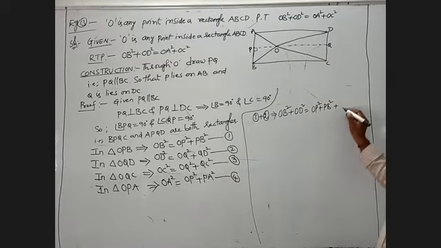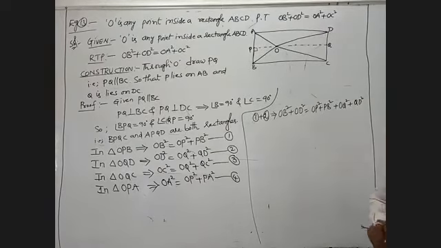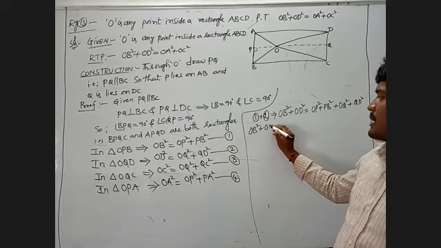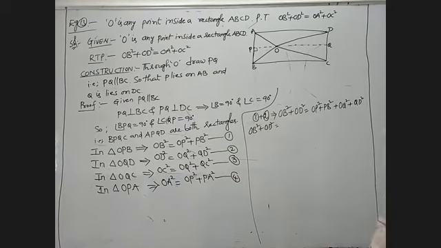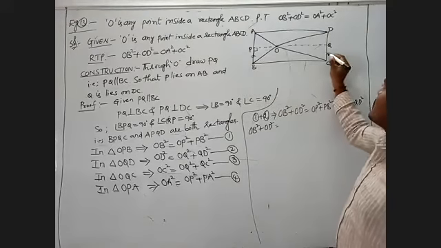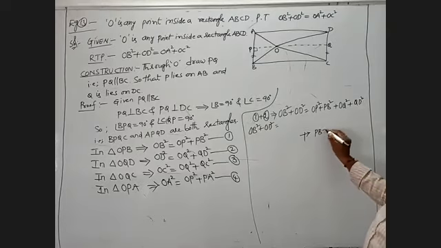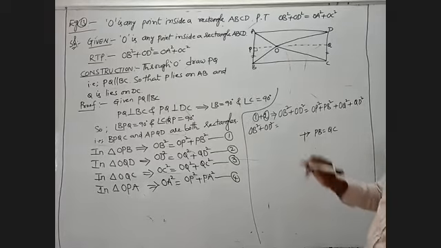Second one is OQ square plus QD square. We will observe in these two triangles PB is equal to QC.